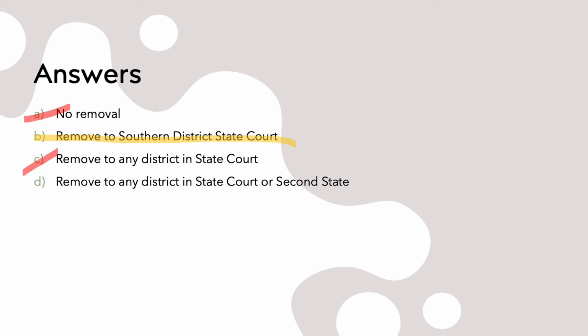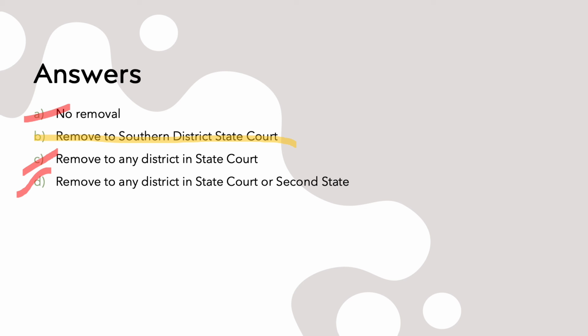So you have the case currently pending in state court. You're going to remove it from that state court up to federal court in the same district. It's going to be in the same district, you guys. So it's going to be that Southern District State Court.